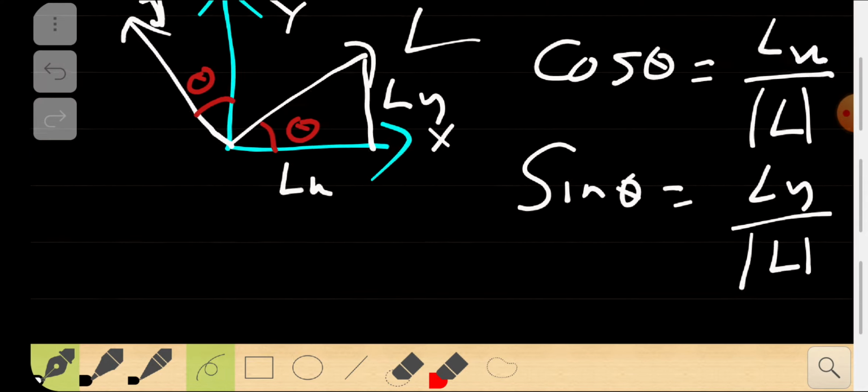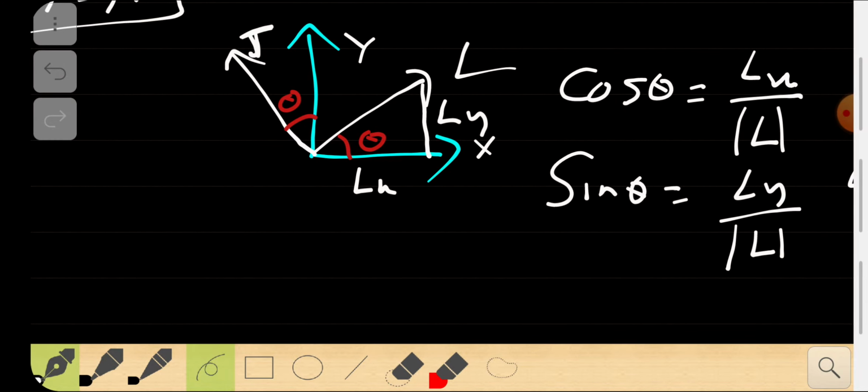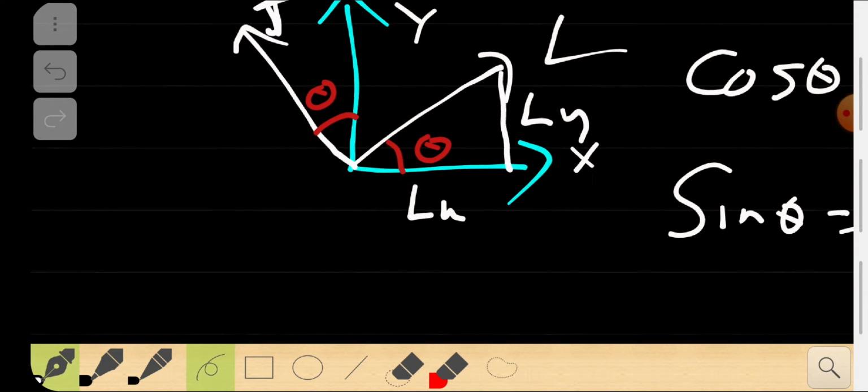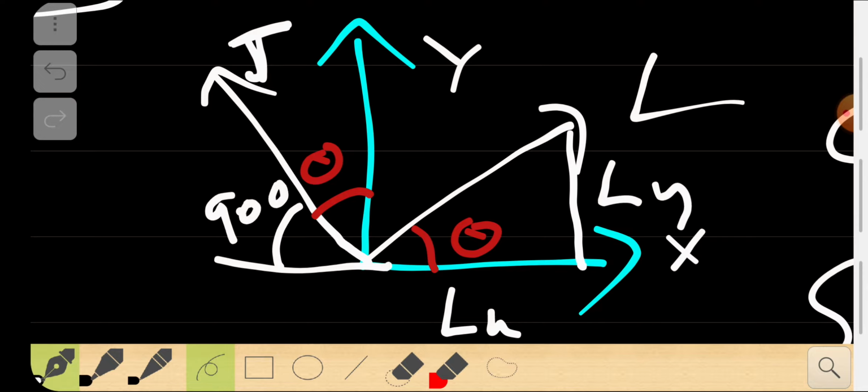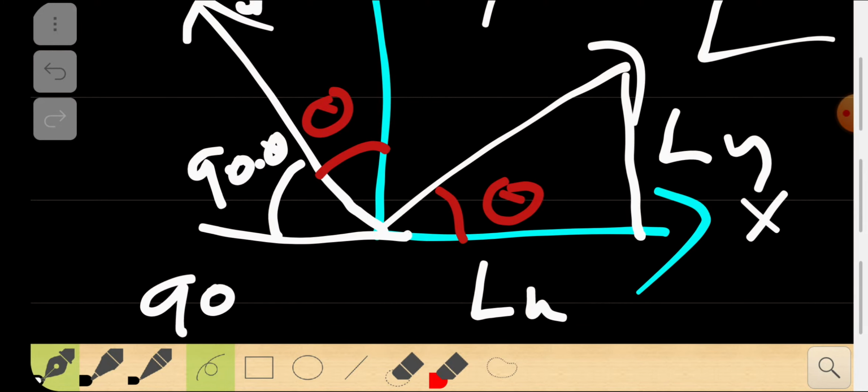What about j? Now for j, if you look closely, you can see that this angle will be 90 minus theta. That's the angle right there.